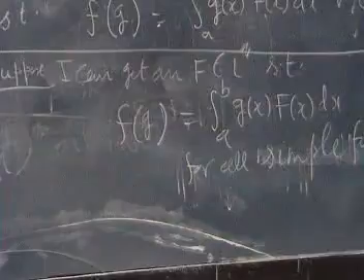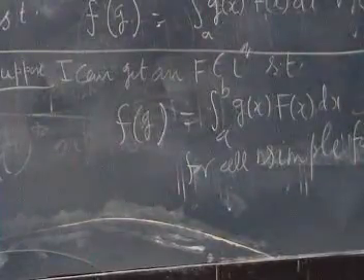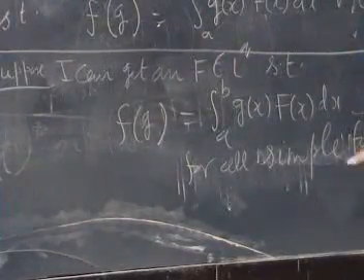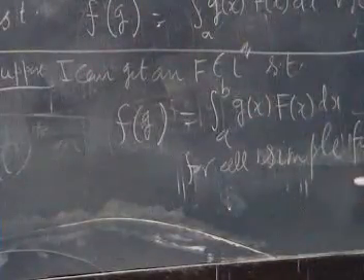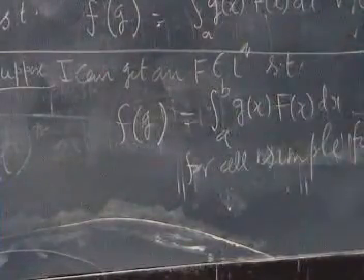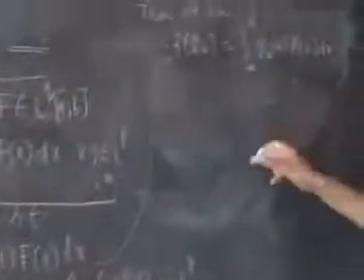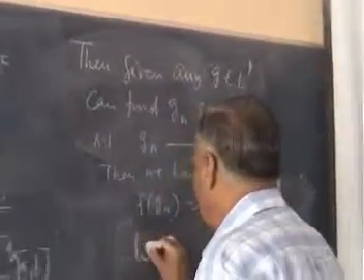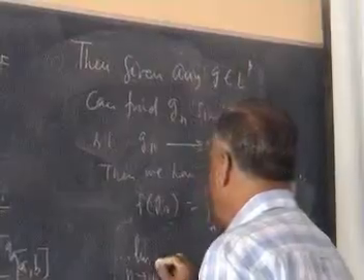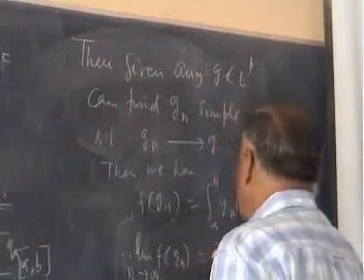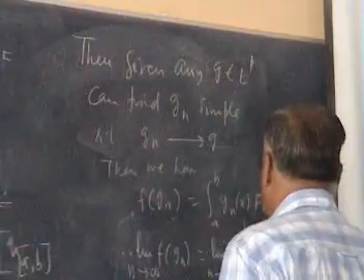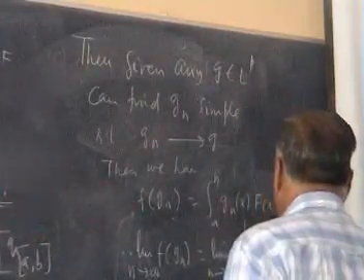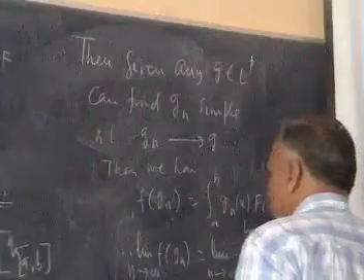Suppose I can have F(g) equal to the integral of g f for simple functions, and therefore F(g_n) will be equal to the integral of g_n(x) f(x) dx, and therefore the limit as n tends to infinity of F(g_n) will be equal to the limit as n tends to infinity of the integral from a to b of g_n(x) f(x) dx. But this is equal to F(g).